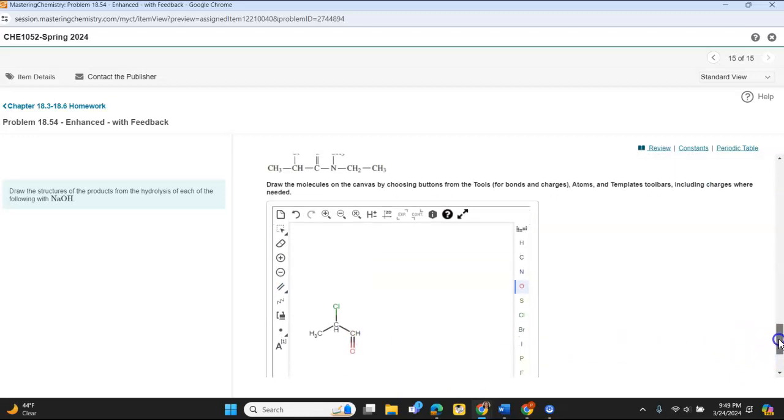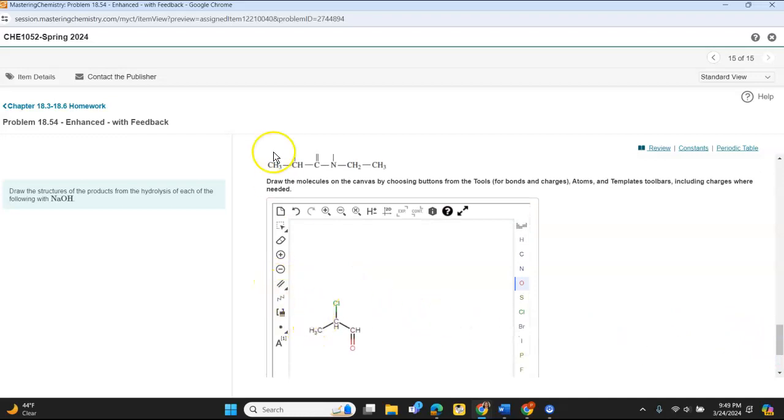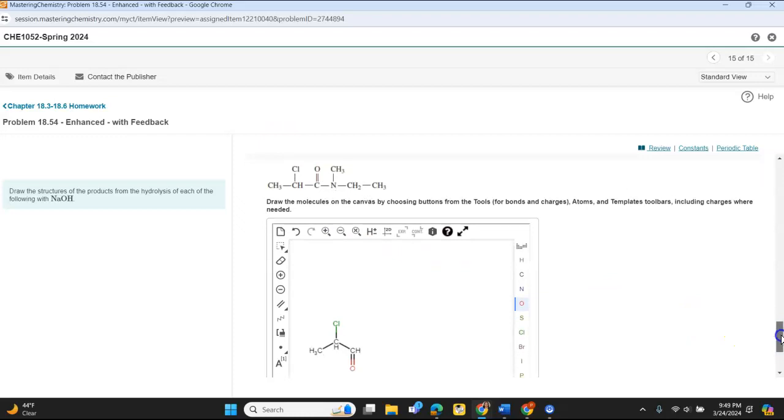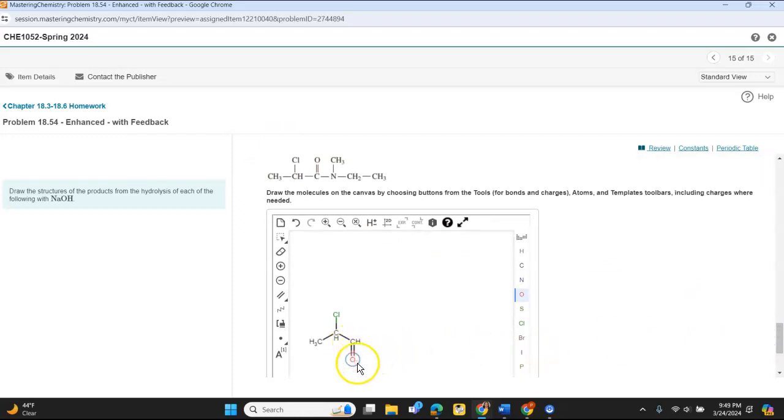Okay, so that gives where I actually drew the carboxylic acid fragment. Now I have the carbonyl carbon. I need to make this the sodium salt, right? The carboxylate salt. To do that, I will first add the oxygen atom here, and I'll give a negative charge on the oxygen atom. Okay, so this is the carboxylate ion.